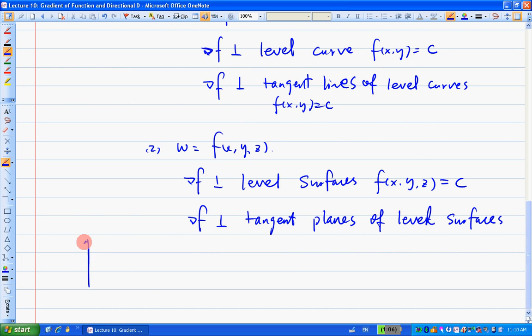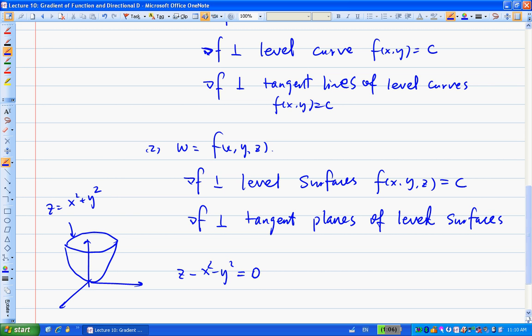So let's say, for example, if I have this surface, I'll still use the surface over here. I can write this surface as z minus x squared minus y squared equal to 0. That's a surface, right? And equivalently, this is a level surface.